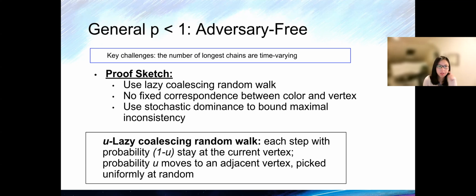The second difference and challenge is that there's no fixed correspondence between color and vertex, because there's no fixed correspondence between color and the miner. We have to use a color reassignment analysis procedure to adapt the proof. With all of this done, we finally use stochastic dominance to bound the maximum inconsistency.